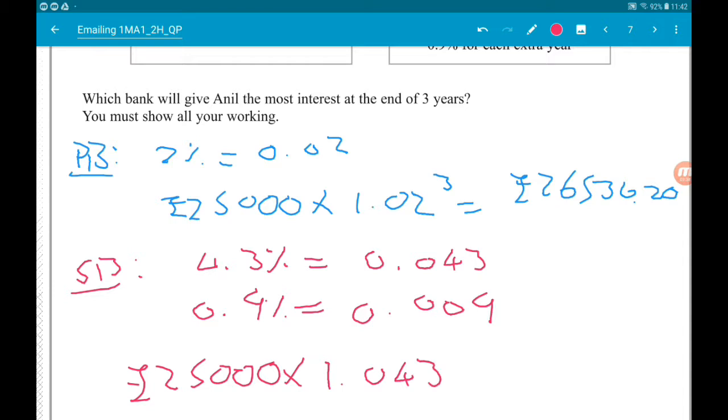So you could work that out. You don't need to though. What we can do is also then multiply by 1.009 squared.